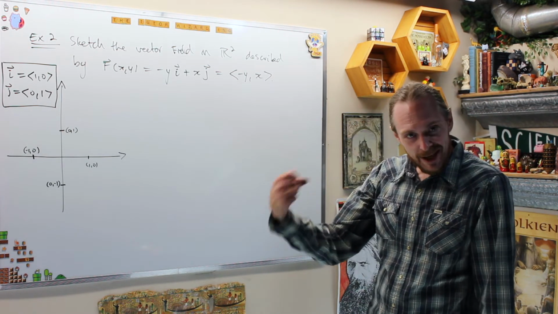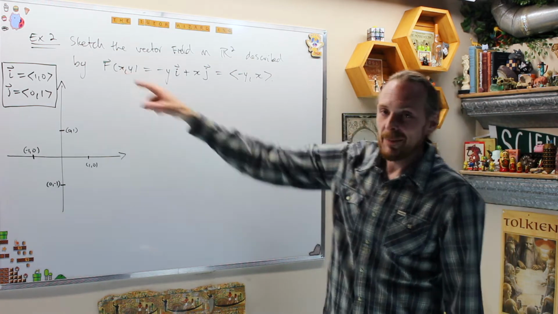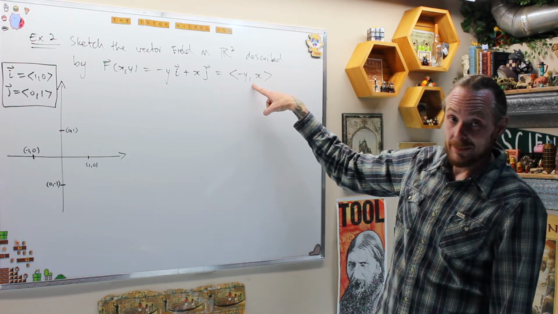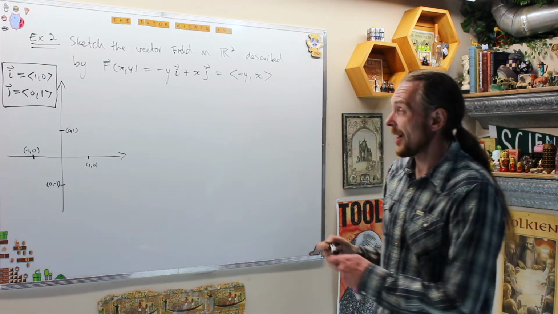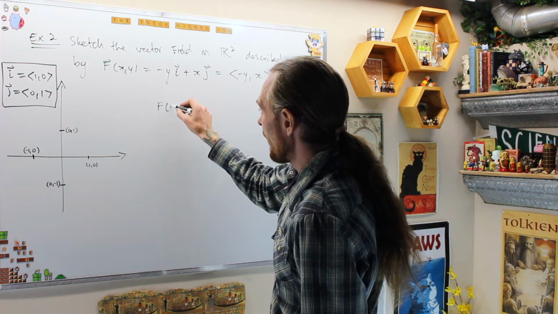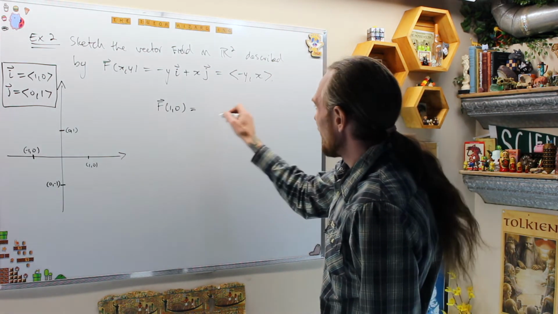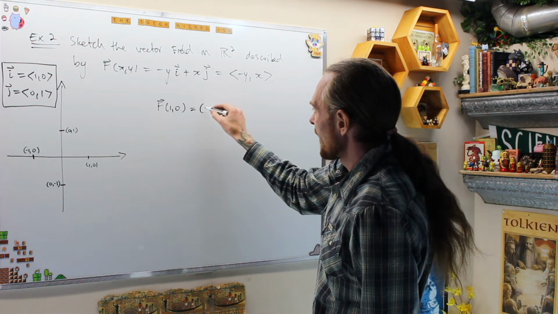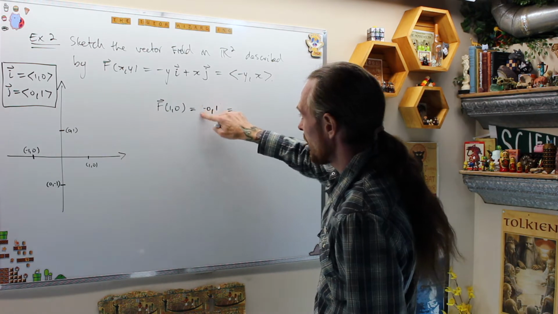The definition of the vector field says at every point x, y, I'm going to define a vector at that point. And in this case, it's the coordinates negative y, x. To do that, I'm going to first look at what happens at this point, f of 1, 0. It interchanges the coordinates and adds a negative. That's negative 0, 1, which is not a point anymore.